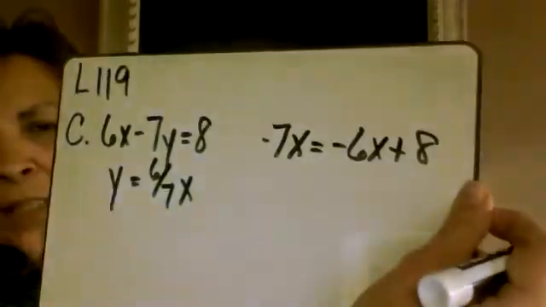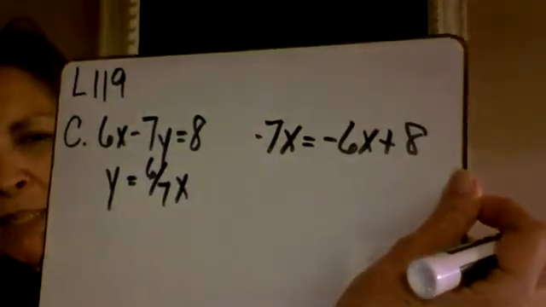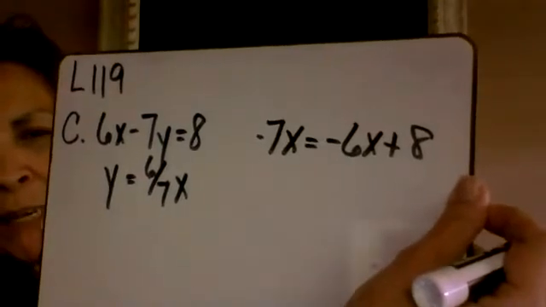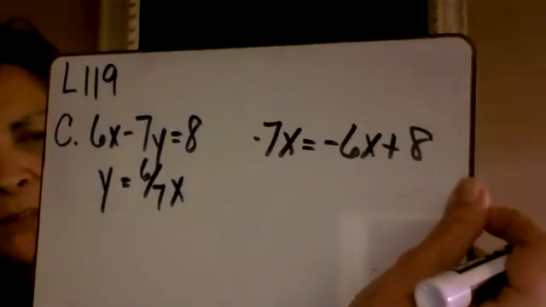And that gives us minus 7y is equal to negative 6x plus 8. Now we need to divide by negative 7.